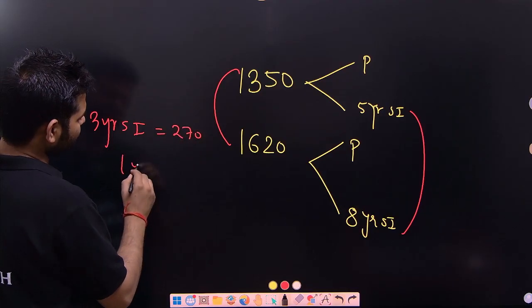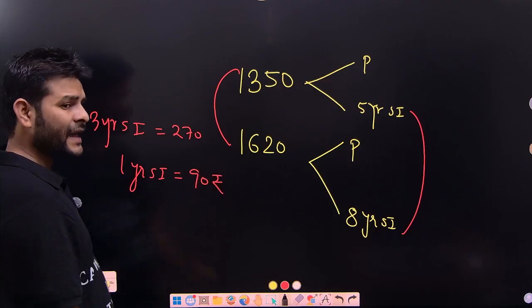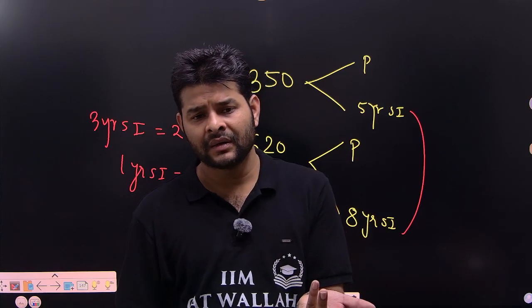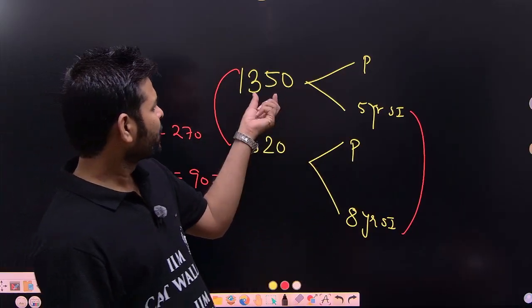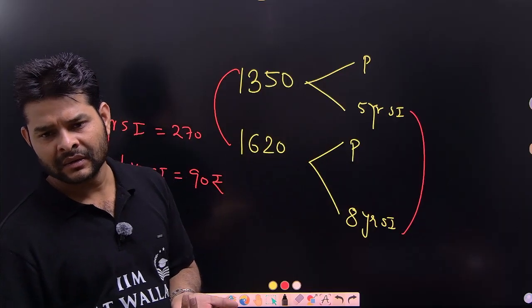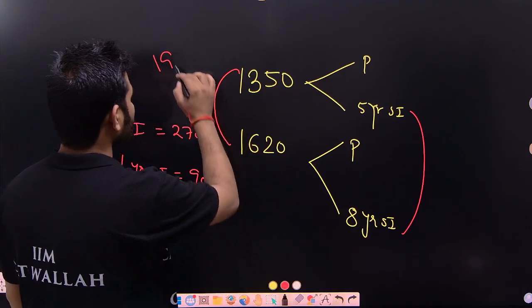So 1-year SI would be 90. And you guys know well, SI never changes. So 5-year SI would be 450. A very clear thing. So that means in this value 450 is SI. So principal is 900. That was your answer.